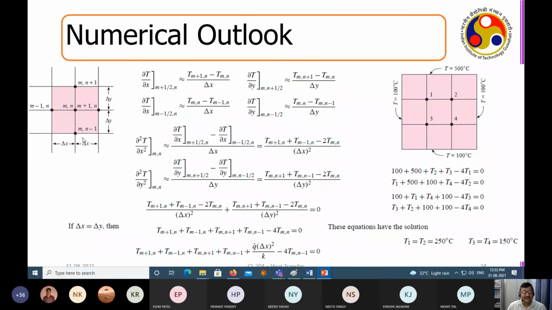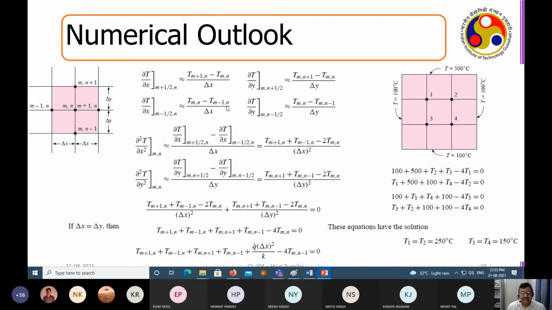Now you see that. This point is taken as m, n, this is m plus 1, this is m minus 1, this is n plus 1, this is n minus 1. This is delta x, this is delta y. Now you want to know dT by dx, you see m plus 1 minus m divided by delta x.